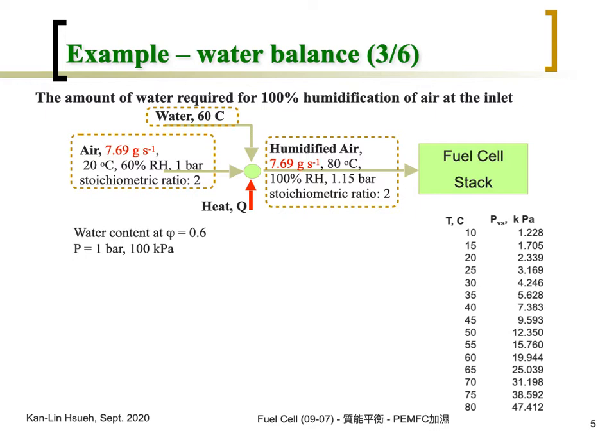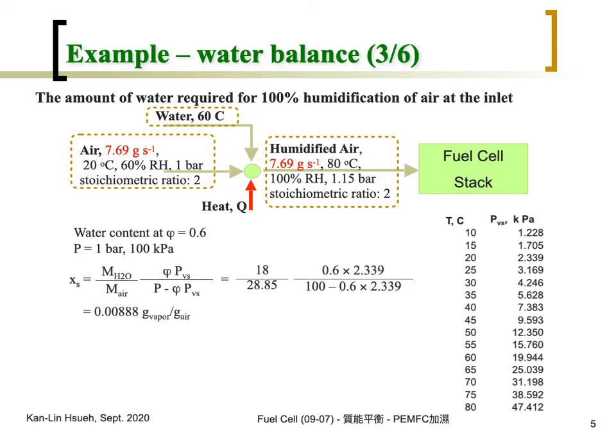From the previous section, the water humidity mass ratio can be calculated by this equation, where m H2O is the water molecular weight, m air is the air molecular weight, phi is the relative humidity, and PVS is the saturated water vapor pressure at 20 Celsius degrees.